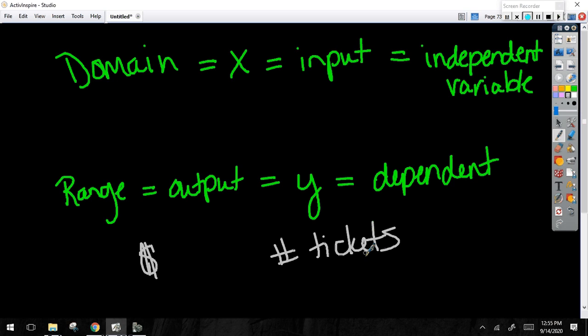How do you make more money? By selling more tickets. So the amount of money you make depends on how many tickets you sell, right? Tickets are independent. Money is dependent. This is hard. You have to kind of think through it. Let's do another one.